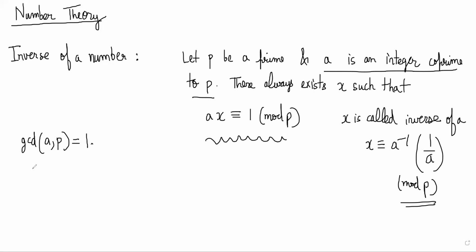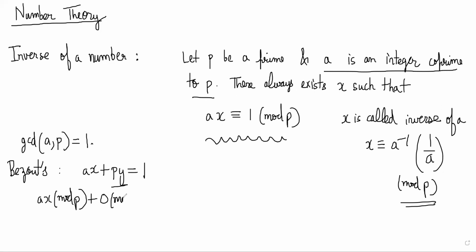By Bezout's identity, we can say that there are integers x and y such that ax plus py is equal to 1. Now you take mod p on both sides. The py term will be 0, so this is just one step.